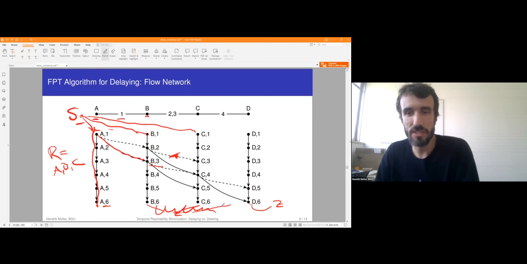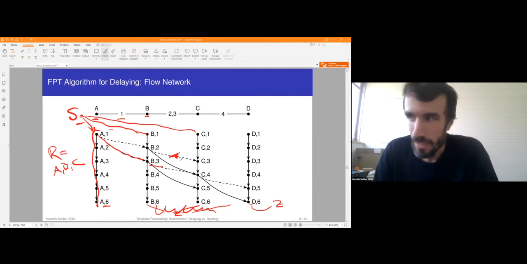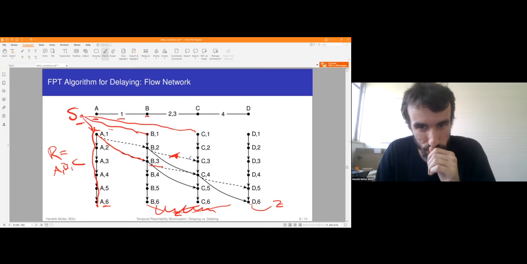Then we can actually see that there's a flow of at most 2, right? Because here we can send 1 unit of flow, which can continue essentially like this, and then like this here.